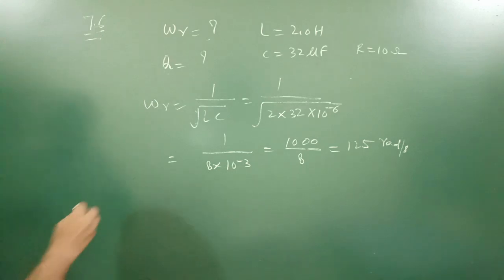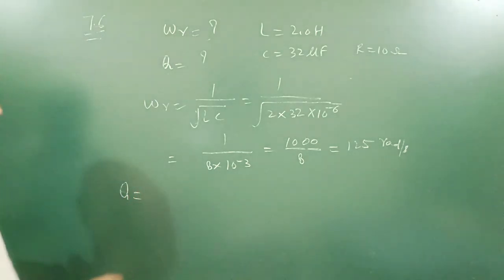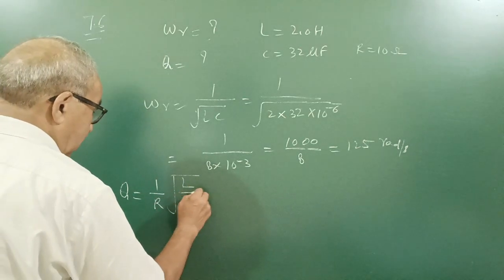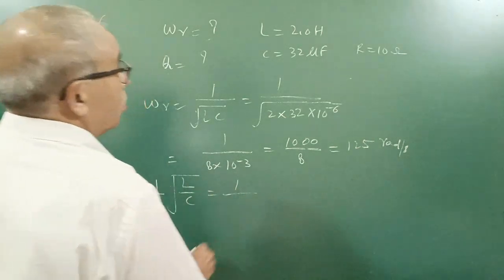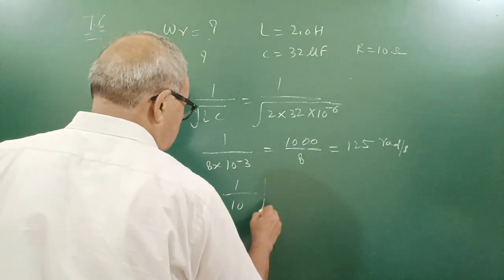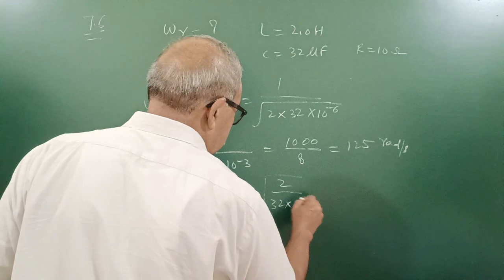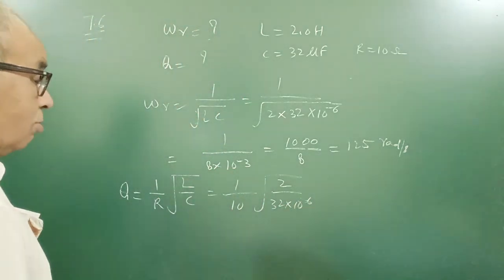Now what is the Q factor? I told you the Q factor is 1 upon R under root L upon C. 1 upon R, 10 ohm, into under root 2 upon 32 into 10 to the power minus 6. It also becomes simple.